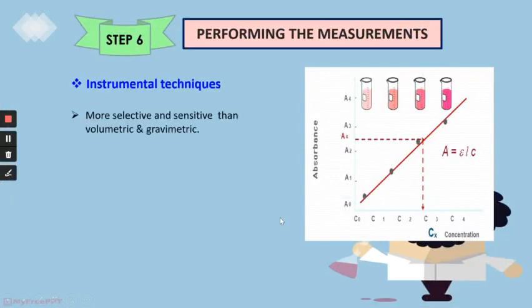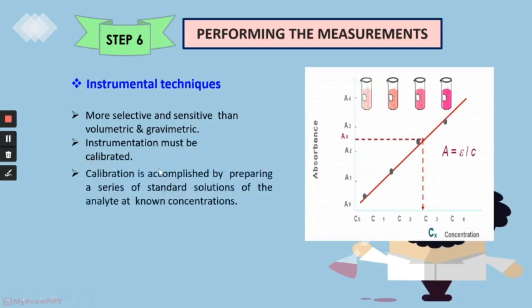In step number 6, you might also use instrumental techniques, which are more selective and sensitive than volumetric and gravimetric analysis. For this case, you might use instruments such as HPLC, AAS, and so on. Instrumentation must be calibrated.